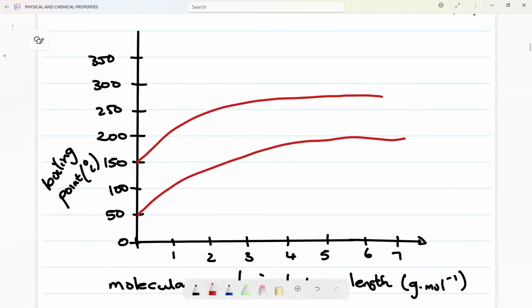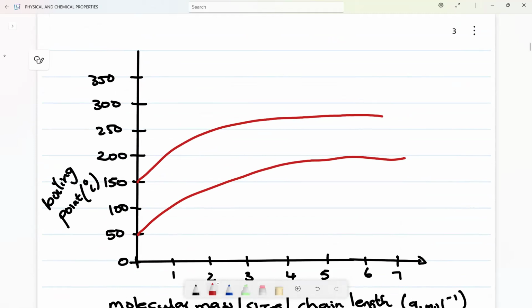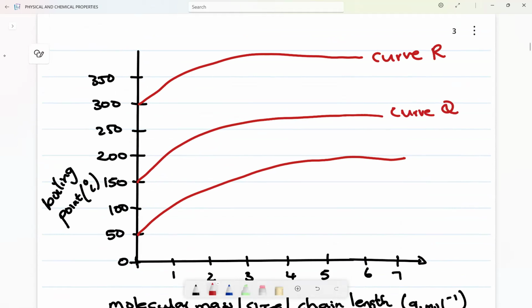Like that. Okay, let me try to repeat that. And let me name this curve P, curve R maybe, Q.